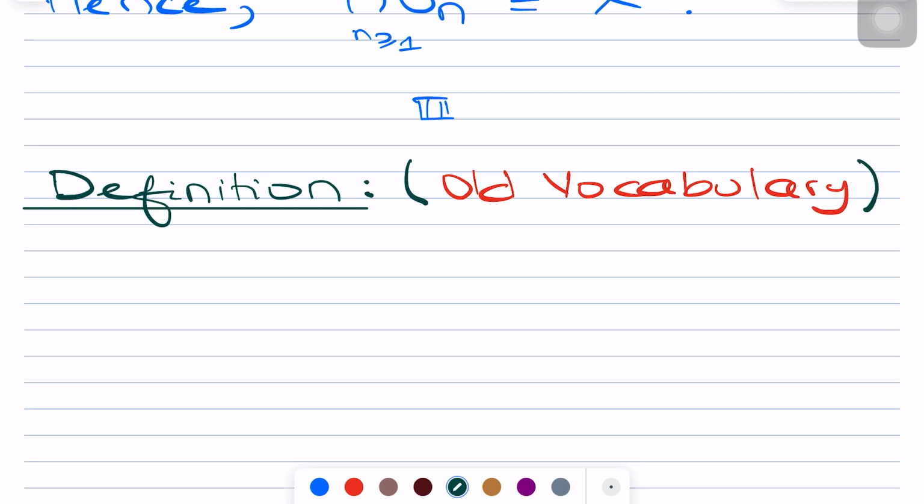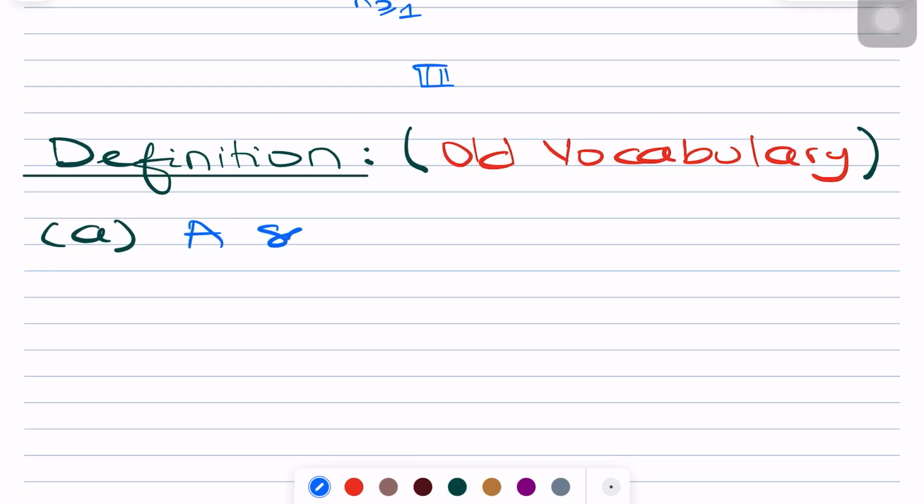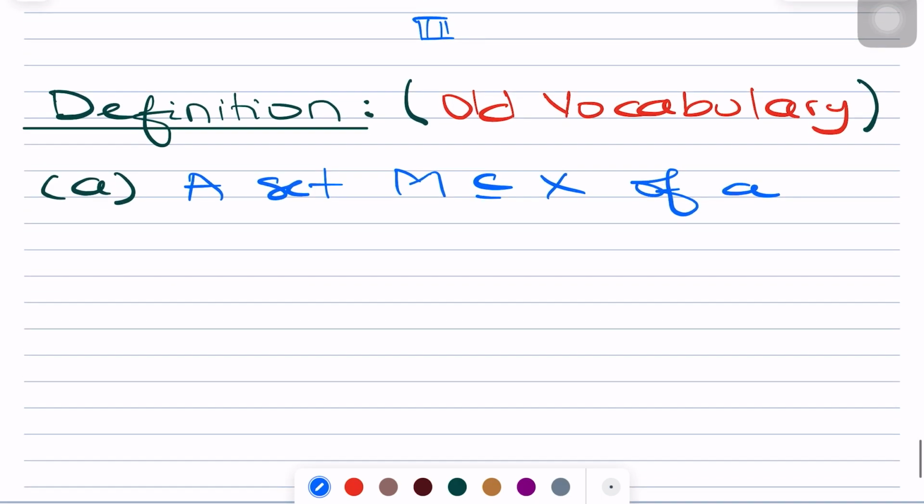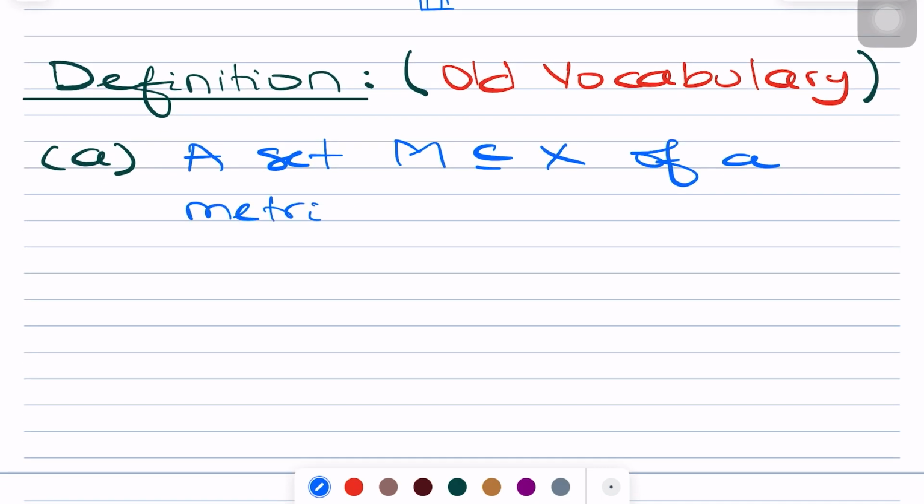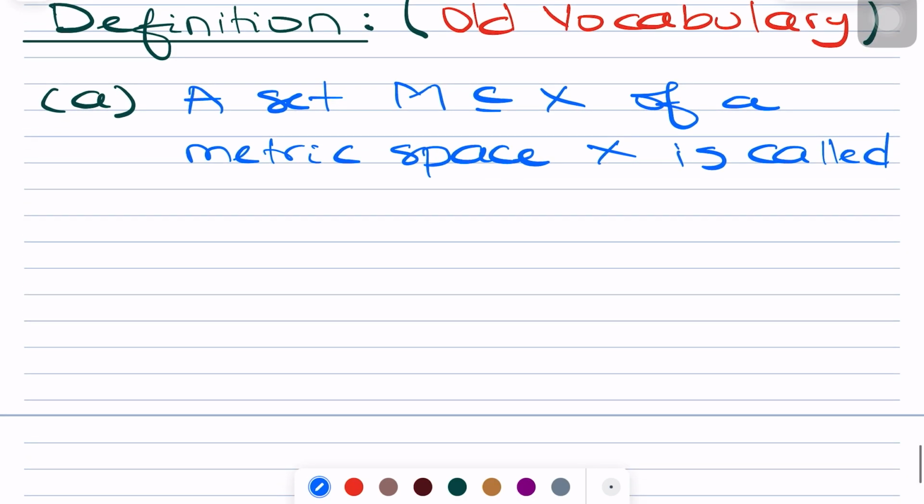The first definition: a subset M of X in a metric space X is called nowhere dense if the interior of the closure of M is empty.